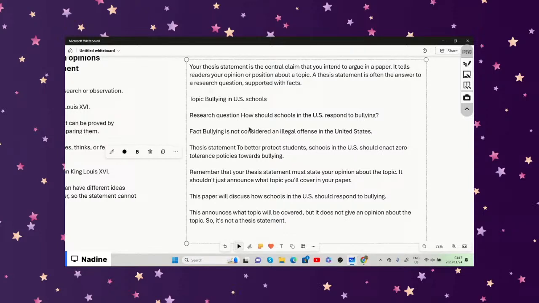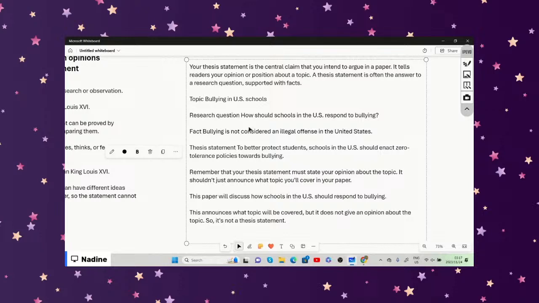So now we are moving on to our thesis statement, right? A thesis statement is a central claim that you intend to argue in a paper. So it tells the readers basically your opinion or your position about a topic.